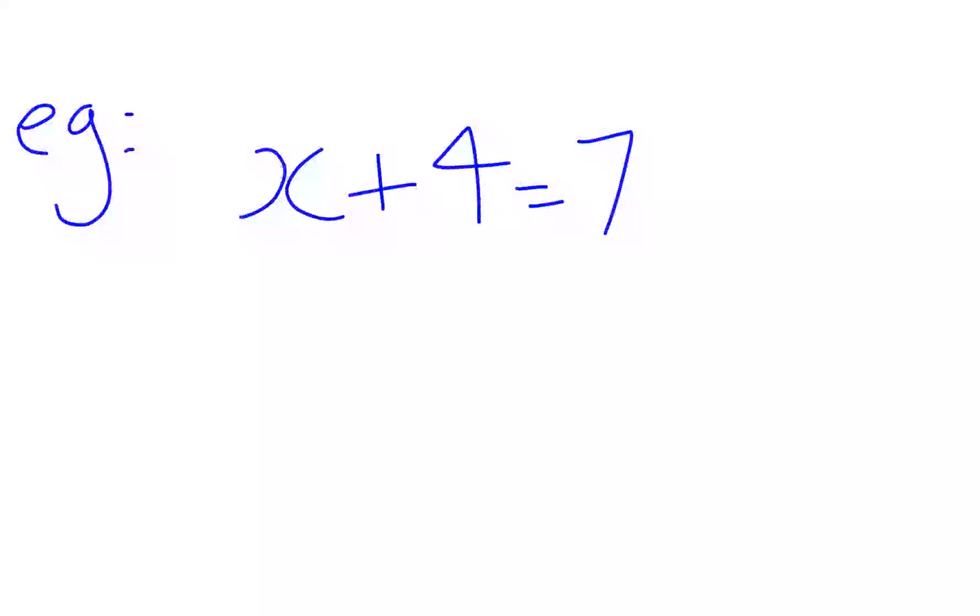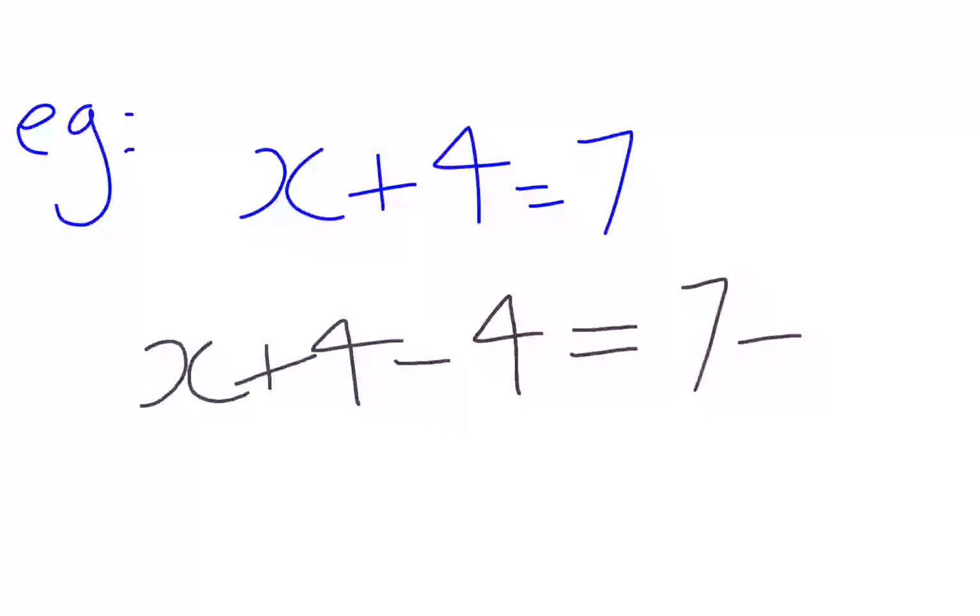So for another example, x plus 4 equals 7. We want x on its own, so we've got to get rid of the plus 4. We're going to take away 4 from both sides. Another way we could show that, x plus 4, and after it we put minus 4, equals 7 minus 4.